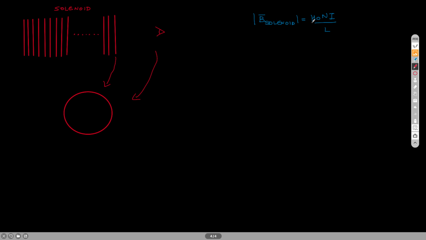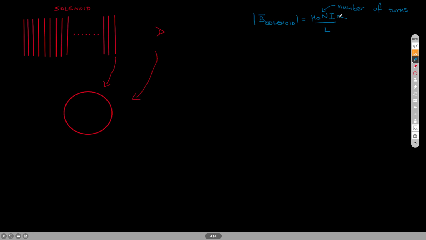Now, this expression is the constant mu naught times n, where n is the number of turns, or number of loops, whatever you want to call them. And here I have 1, 2, 3, 4, 5, 6, 7, 8, 9, 10, 11, 12. So here I'm showing 12 turns, or 12 loops.